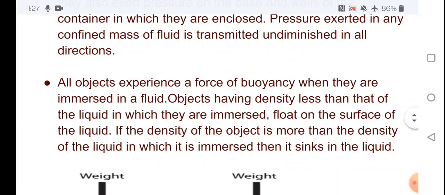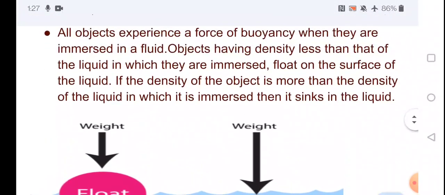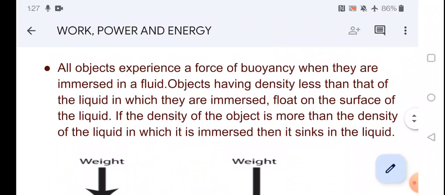All objects experience a force of buoyancy when they are immersed in a fluid. That force acts on every particle.